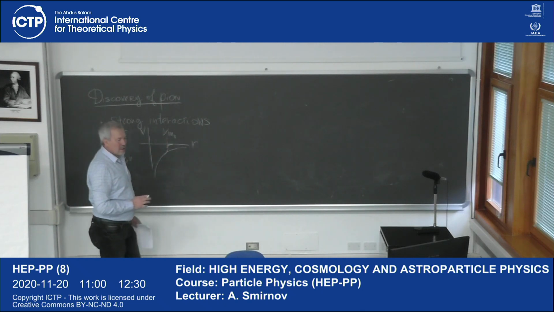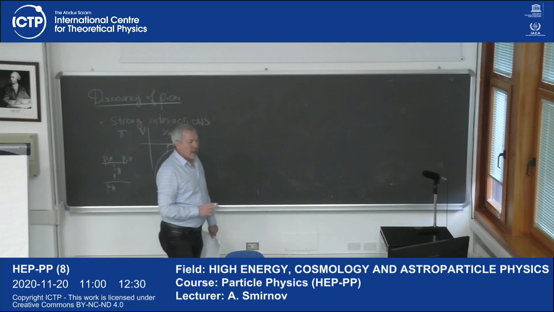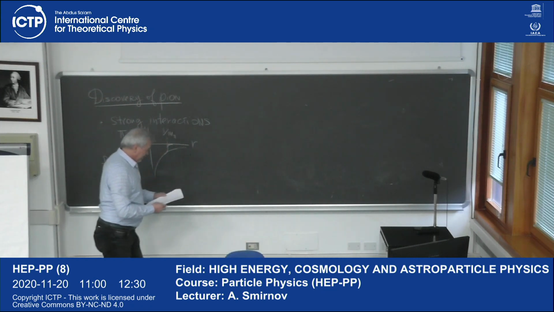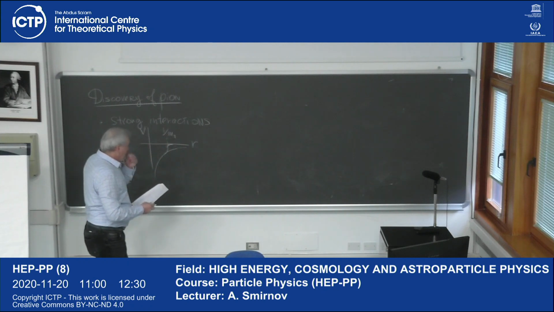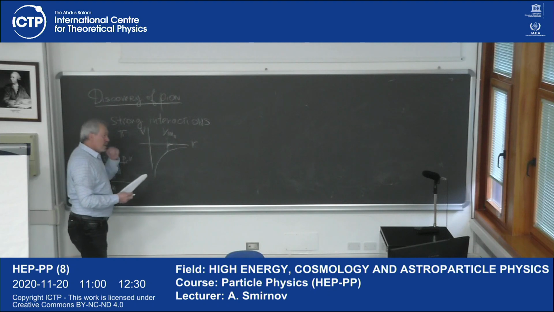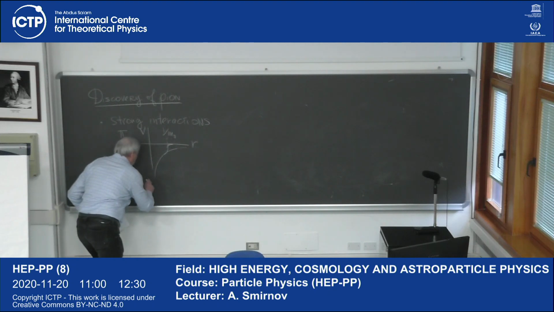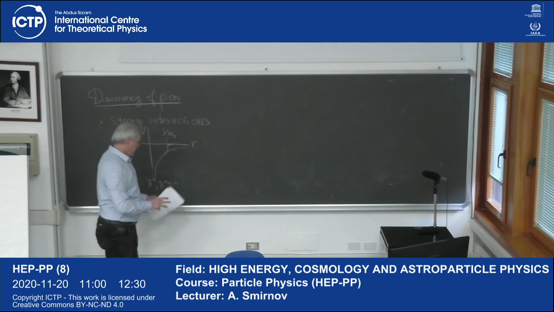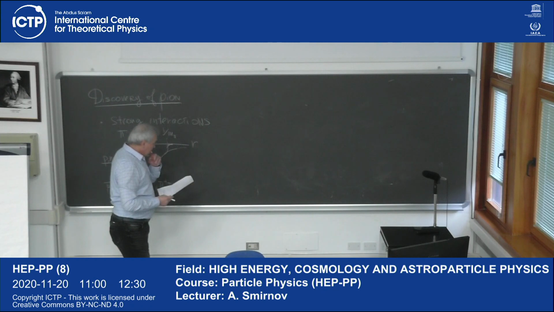Now we know the strong interactions are mediated by gluons, which we discussed. So the pion is also important. It is important because we have pi 0, pi plus, and pi minus, actually three particles discovered.